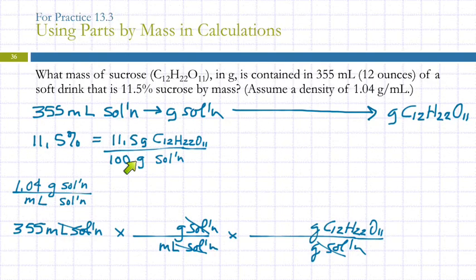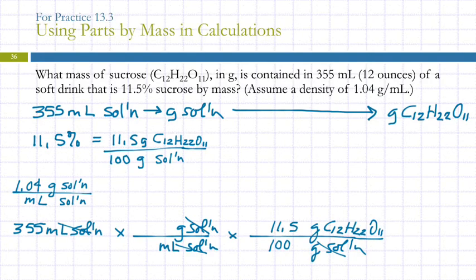Then I go and look at what I had up here. This is grams of sucrose to grams of solution, so that's going to be used over here. I need to make sure I get the numbers with the correct unit. 100 was with grams of solution, so I put 100 here and 11.5 on the top. I don't have to worry about whether I was supposed to multiply or divide by the percentage. The units are telling me what to do.